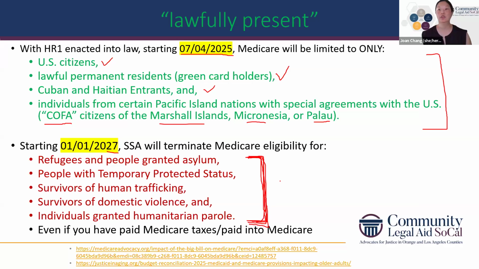If there's anyone, yourself or a family member, you're not sure this applies to, feel free to have your family member give us a call and we can set them straight. Maybe it doesn't apply to them, maybe it does. I just want to let y'all know that this is happening now, as of July 4th.